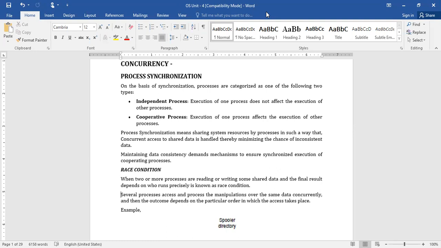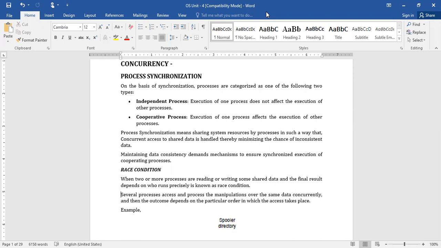Previously we discussed the concept of inter-process communication: how two or more processes are able to communicate with each other, and what the various mechanisms available to implement inter-process communication are. These things we discussed in the very beginning, when discussing processes.